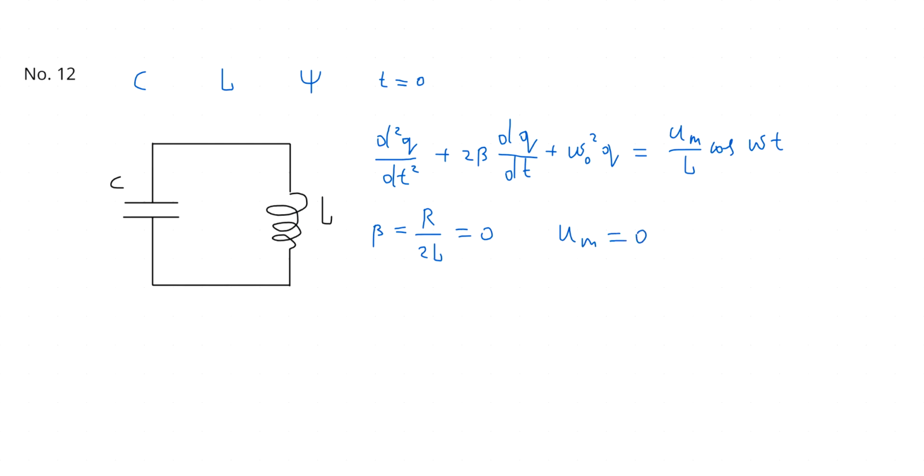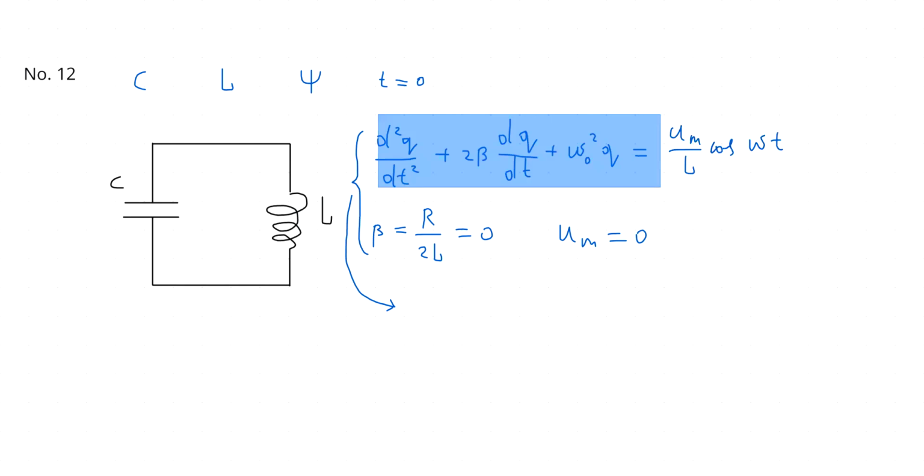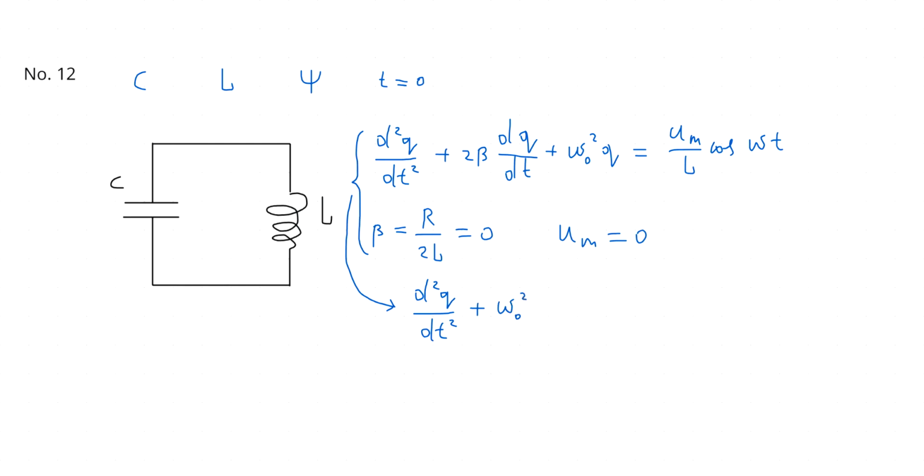And so we can rewrite this equation as the second derivative plus omega 0 to the power of 2 q, and this is equal to 0.